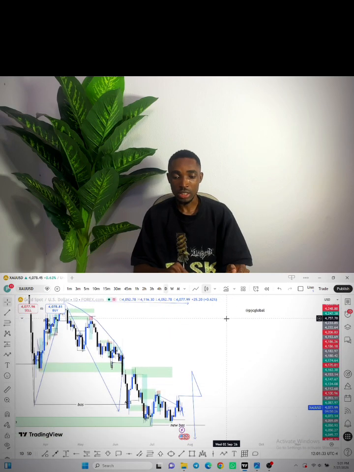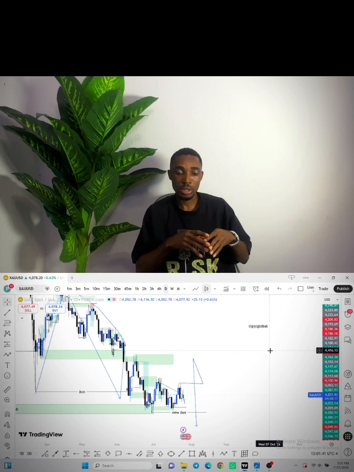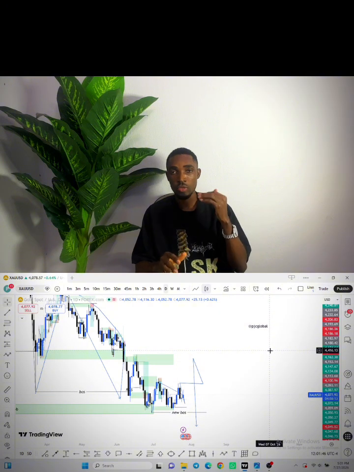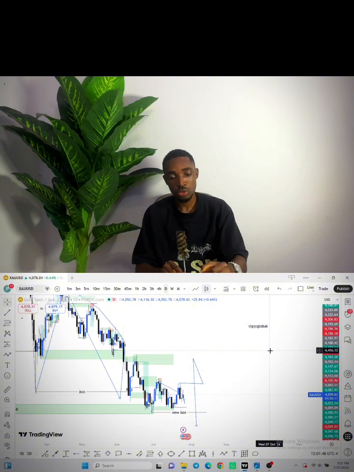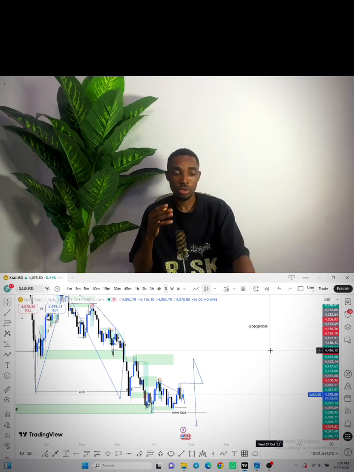So basically this is how I read or predict the trading charts, and also how I manage to get my sniper entry, and how I manage to get my 1:5 ROI, which is my maximum risk to reward. If you are risking $100 in this particular trade, you are going to get $500. That is what it simply means for people that don't know what risk to reward is.